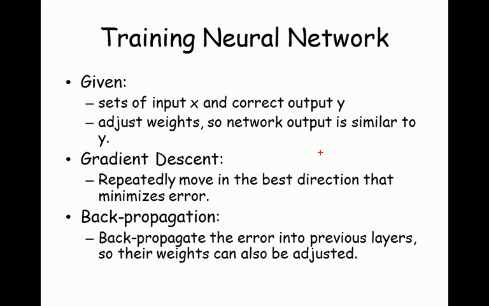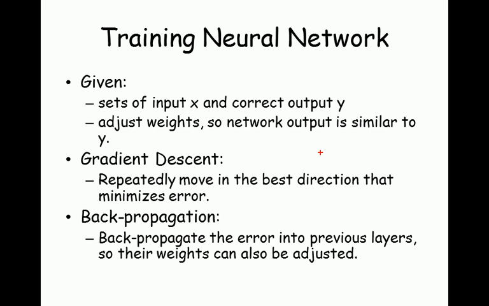So in training, you give the inputs, the network gives you an output from its current weights, and then you compare the output with what you should get, and then go back and adjust these weights. And you do that over and over until you are satisfied with what the network gives you.